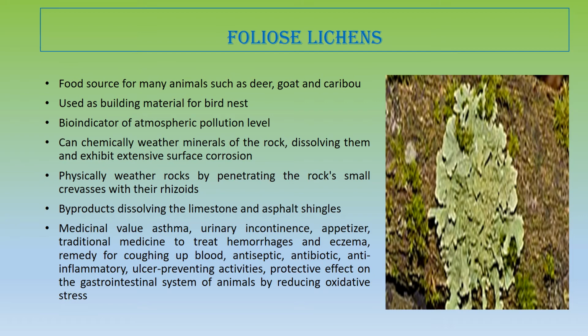Also, these foliose lichens are pioneer species next to the crustose and fruticose lichens, and so they act in weakening the rock both physically and chemically, by producing various types of acids that chemically degrade the upper layer of rock, and also physically by the help of rhizoids. These rhizoids penetrate the cracks of rock.